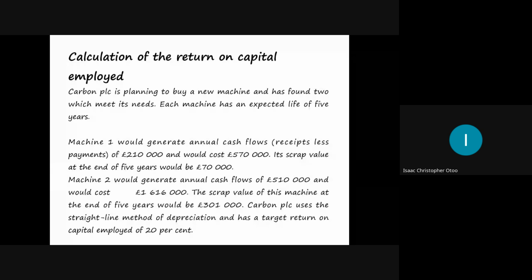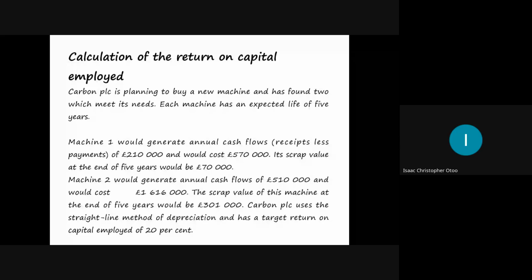So 570 plus 70 divided by 2 will give you what? 320.